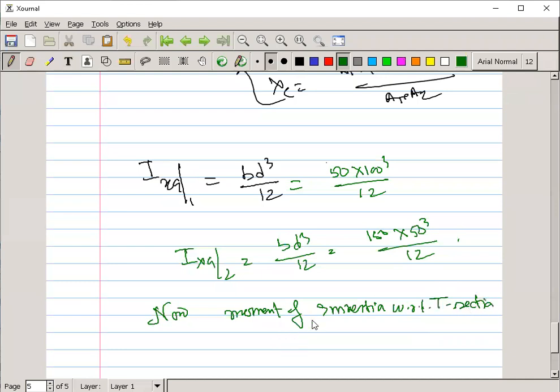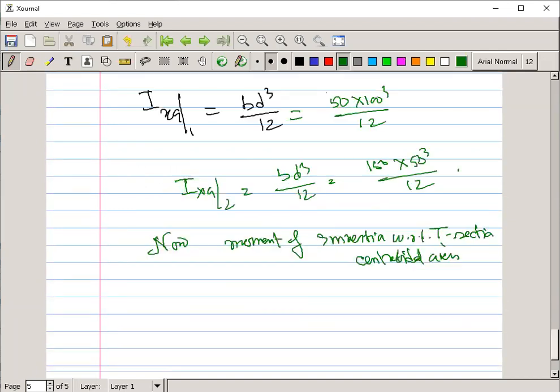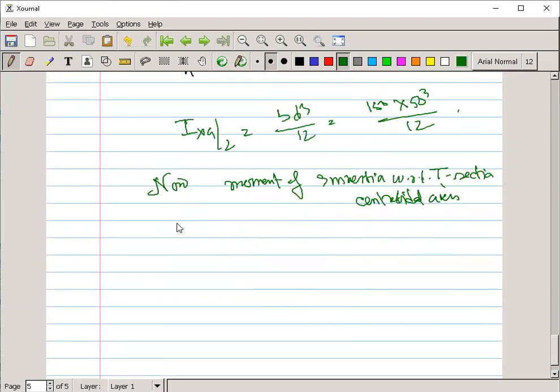Okay, so the moment of inertia with respect to the T section centroidal axis, what should it be? See, this is your diagram.